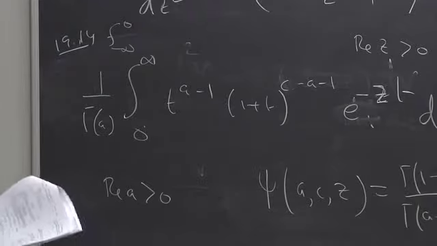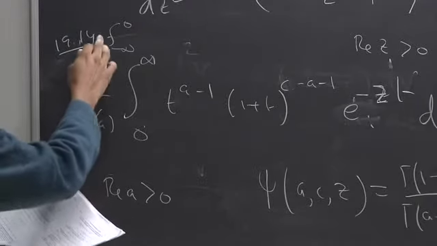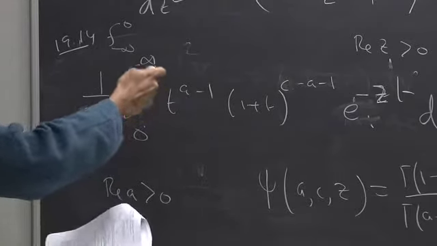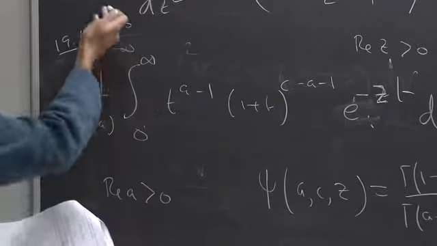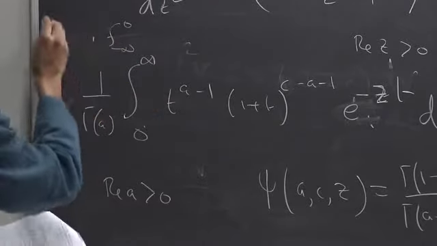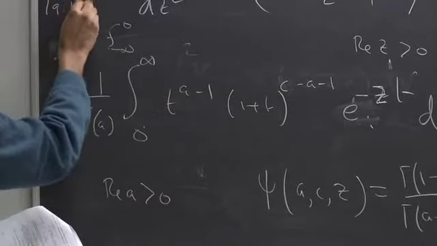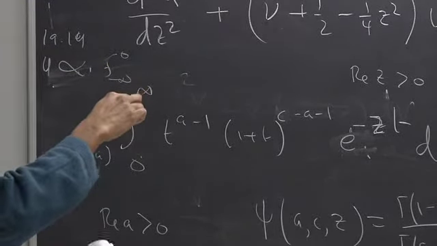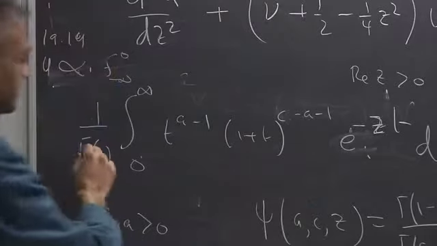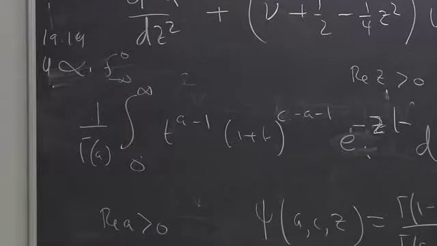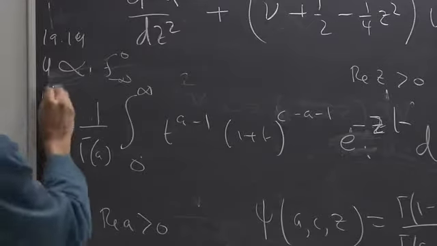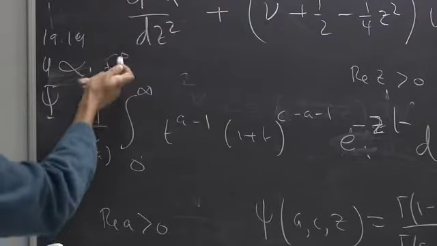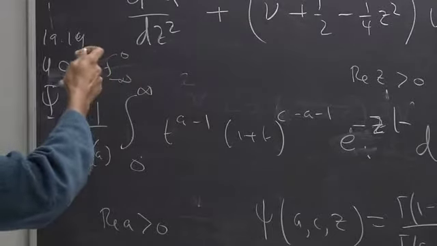What one is doing is absorbing an extra minus 1 to some power, like minus 1 to the a minus 1, into that constant, because that equation was basically saying that u is proportional to this. So you take this as a definition of psi. When you transform to minus infinity to 0, there will be some extra phase there.